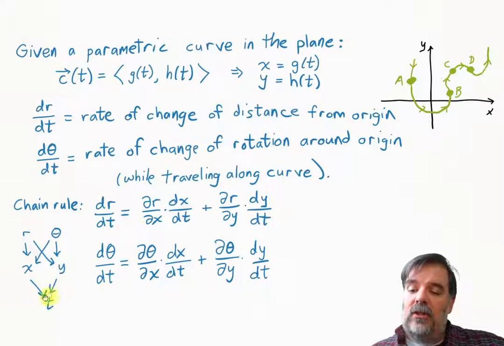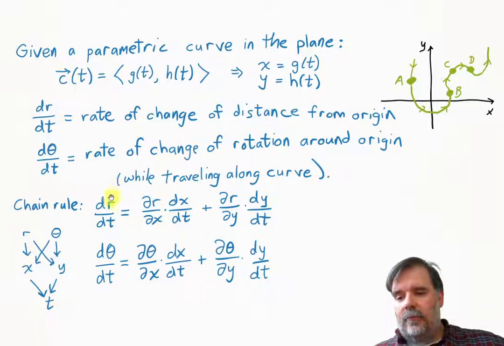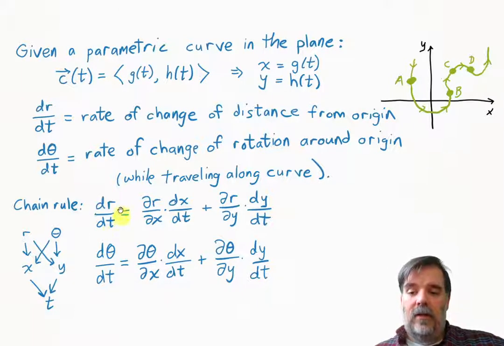So any change in t affects r through two different chains, from r to x to t, and from r to y to t. So the chain rule for dr dt is dr dx times dx dt plus dr dy times dy dt.